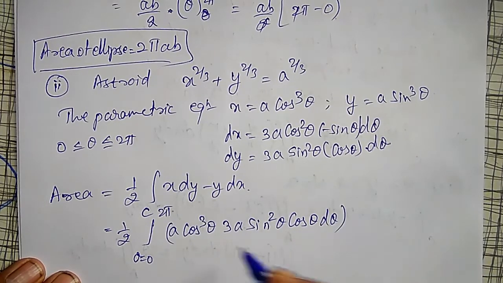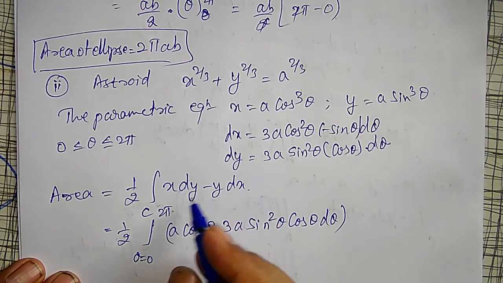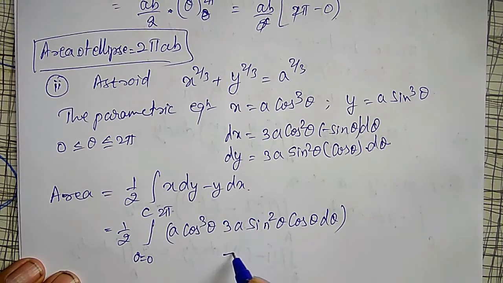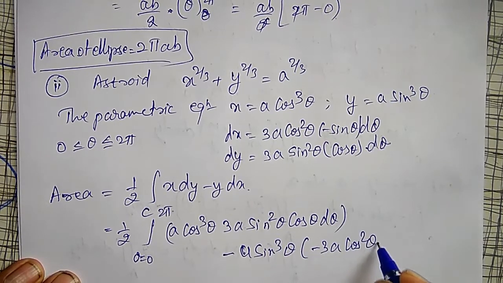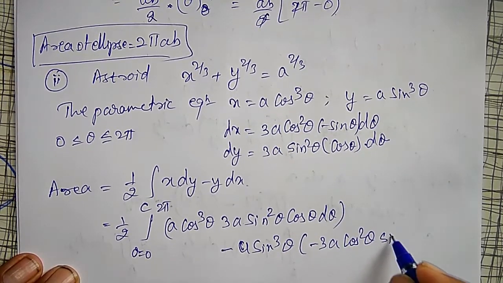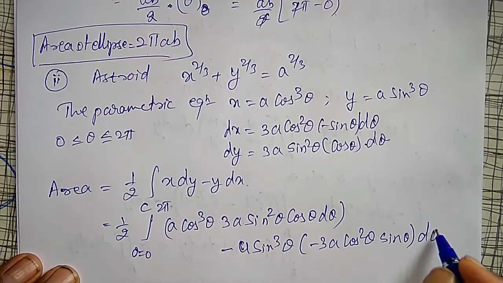This is x dy minus y dx, just minus y is a into sin cube theta into dx is minus 3a cos square theta into sin theta d theta.